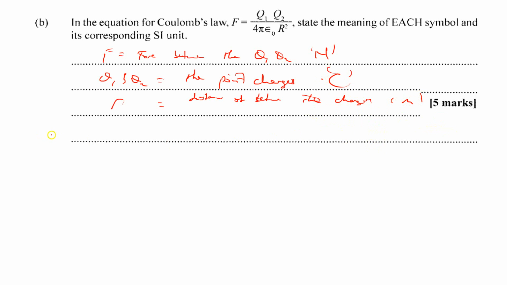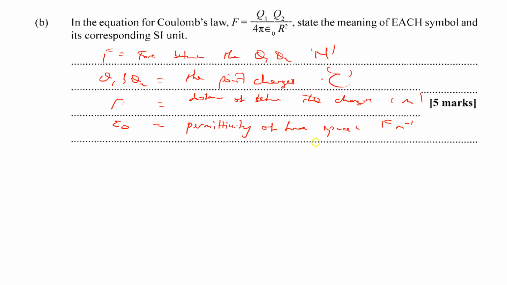Now, the other variable that we need to identify is epsilon naught. Epsilon naught is simply the electrical permittivity of free space, and the unit for this is farads per meter.